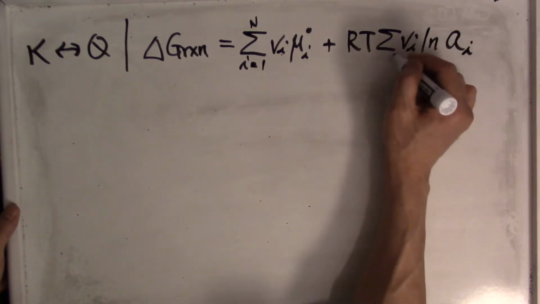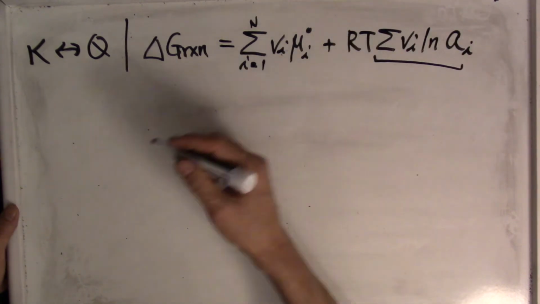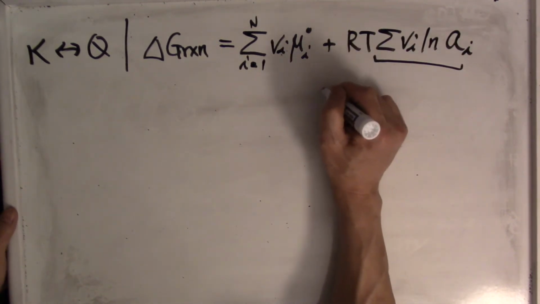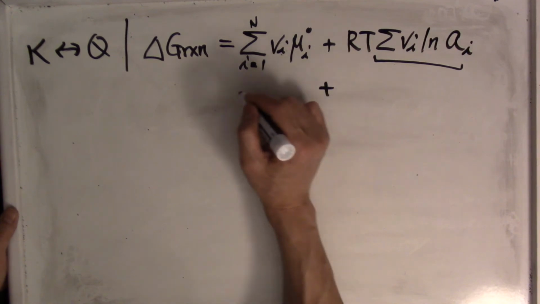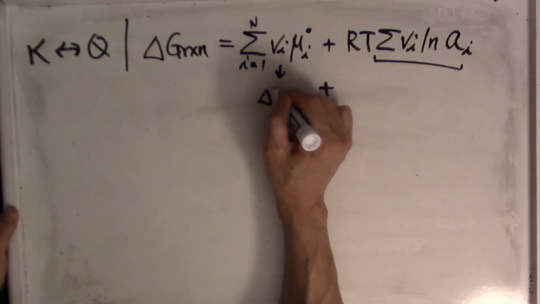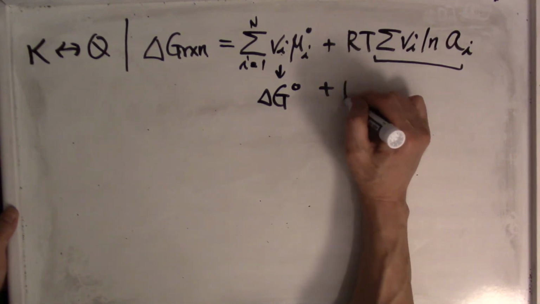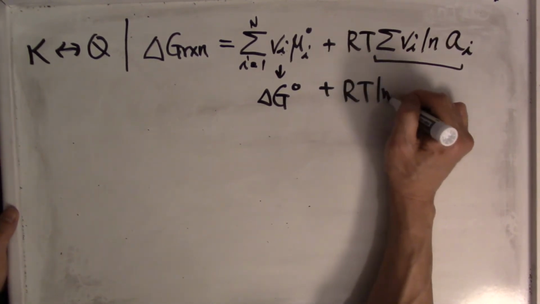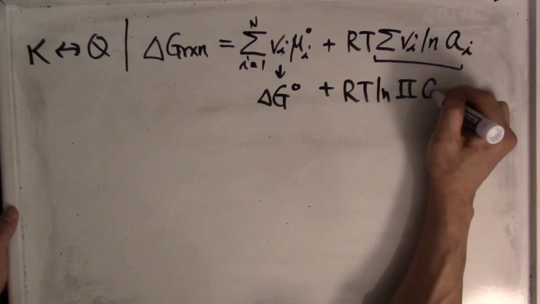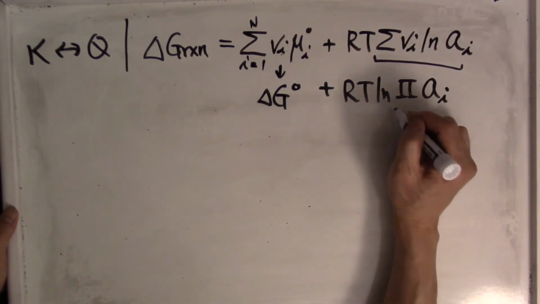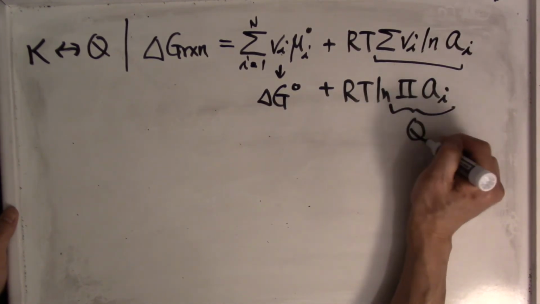This part turns into delta G at the standard condition, and this part turns into RT natural log of the product, pi, of the activity of I. And remember, this part right here is the reaction quotient.